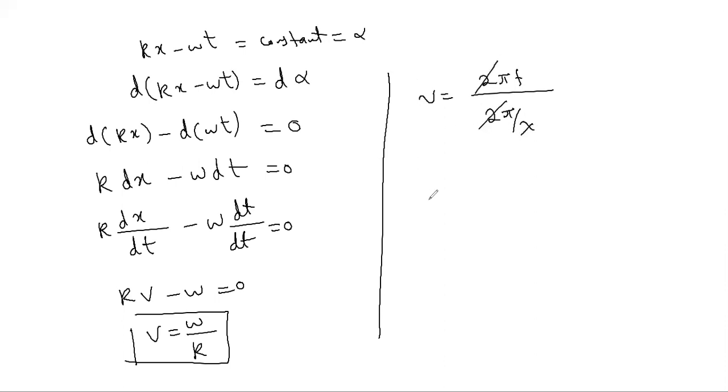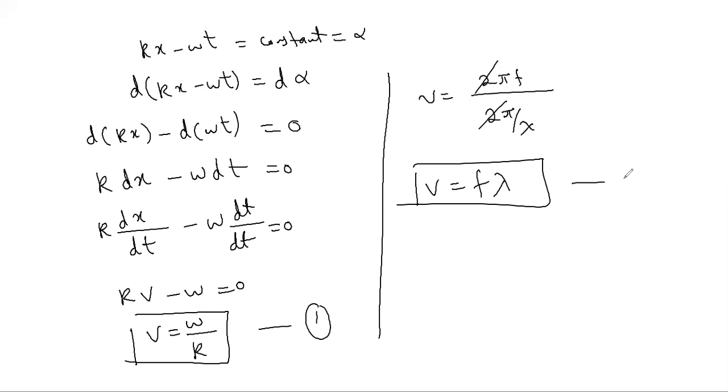So this 2 pi will cancel with this 2 pi and you will get the very famous relation v is equal to f lambda. This is how we can derive this relation. This equation represents the speed of the traveling wave. Equation one is the most general form of the equation, while equation two does not depict the more technical picture of the situation.